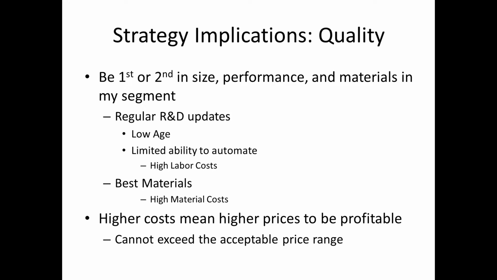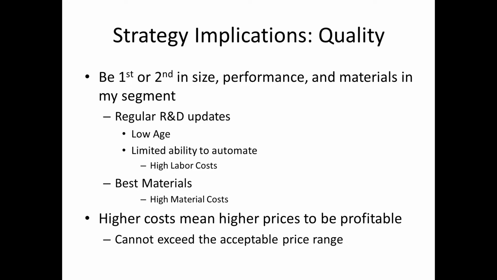Well, if you're going to compete on quality, then you need to be first or second in size, performance, and materials in that segment. Those are the 3 big quality features. Age may matter. You'll want to make sure that you check that. In order to keep the size and performance up, you're going to have to do regular R&D updates, which means you'll get a low age anyway because you're going to have to do updates pretty much every year. And that probably means you're going to have to limit automation because the more automation you have, the longer each R&D cycle takes.